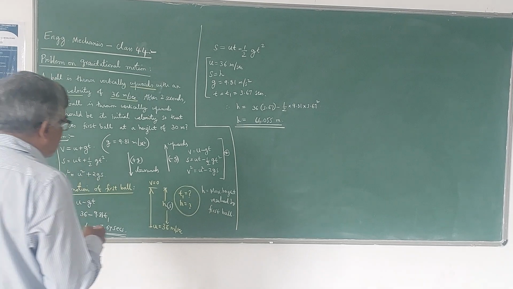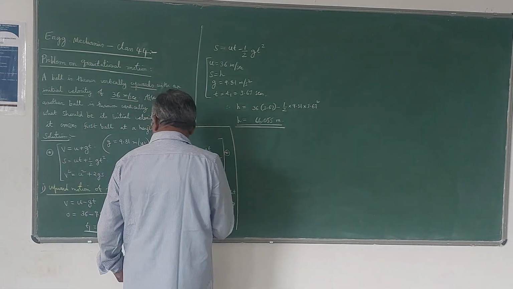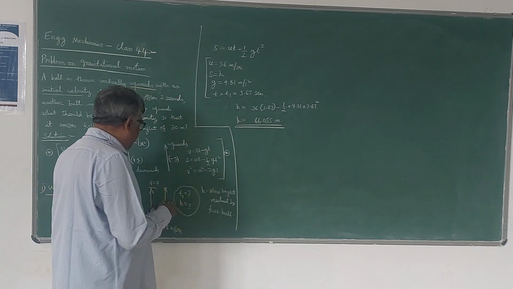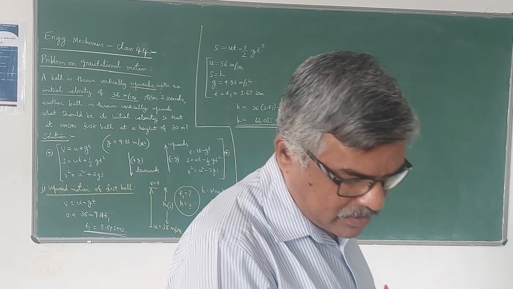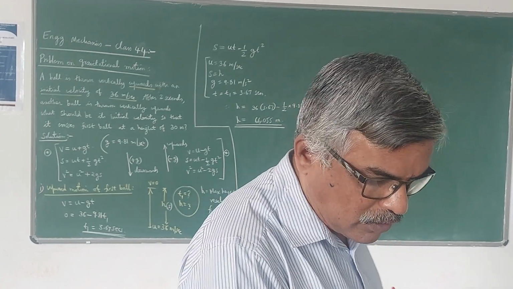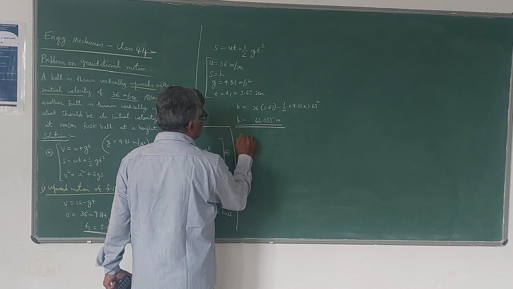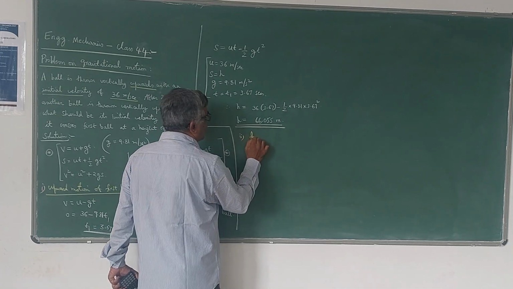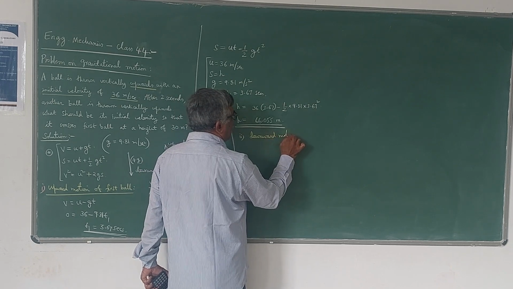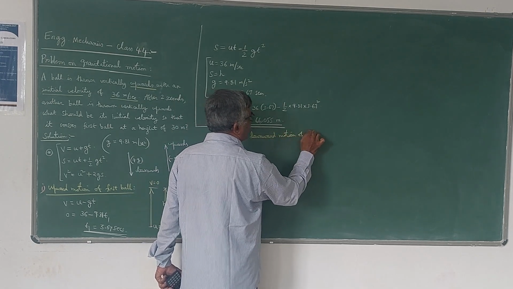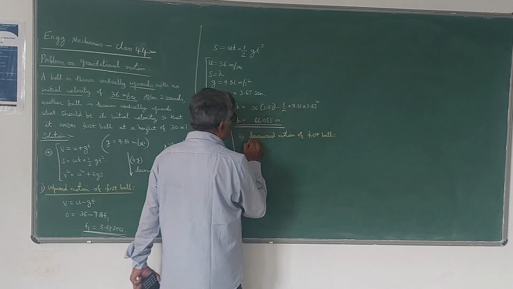Now, what we have to do here is find out, after reaching this, it will start falling down. Now, I will take the downward movement of that first ball. So, upward motion I have taken. Second part is the downward motion of the first ball.